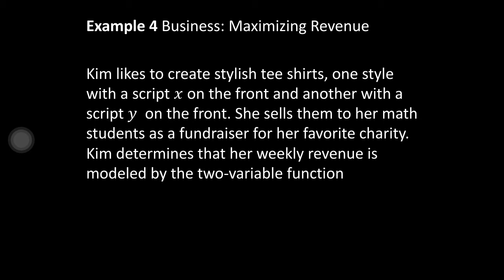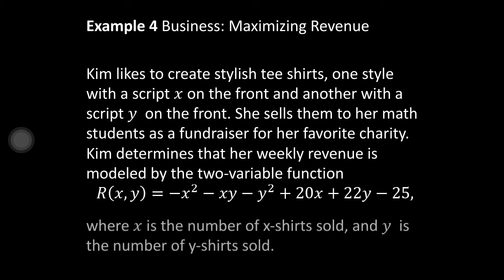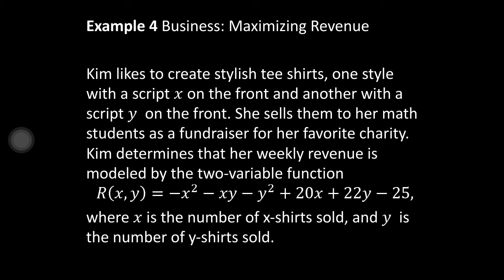Kim determines that her weekly revenue is modeled by the two variable function R of x and y is equal to negative x squared minus xy minus y squared plus 20x plus 22y minus 25, where x is the number of X shirts sold and y is the number of Y shirts sold.